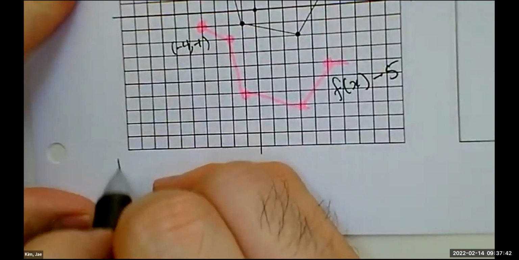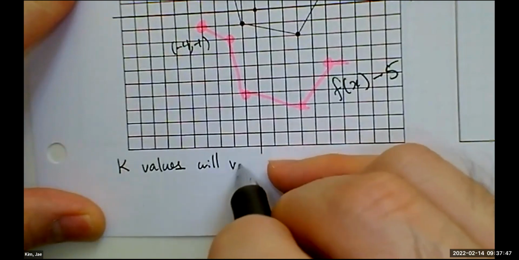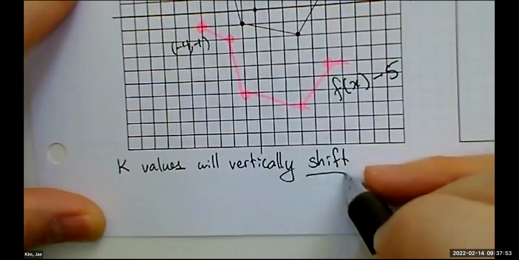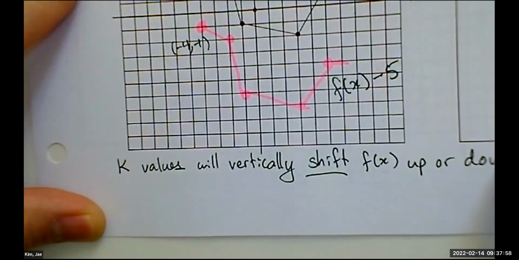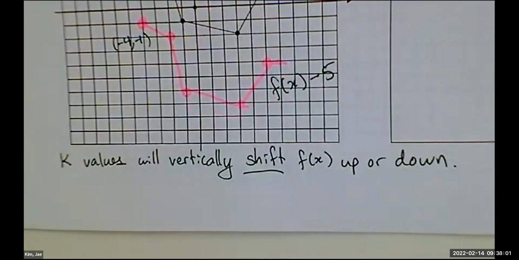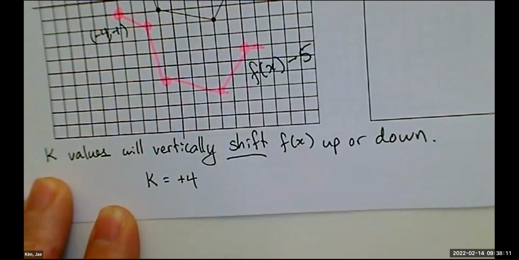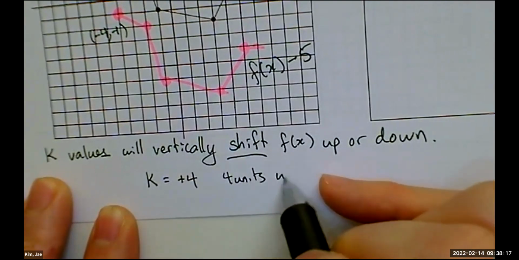Okay, so I'm going to put a little note on the bottom of this sheet saying k value will vertically shift f of x up or down. Okay, for example, if k is equal to +4, right, is 4 units up.